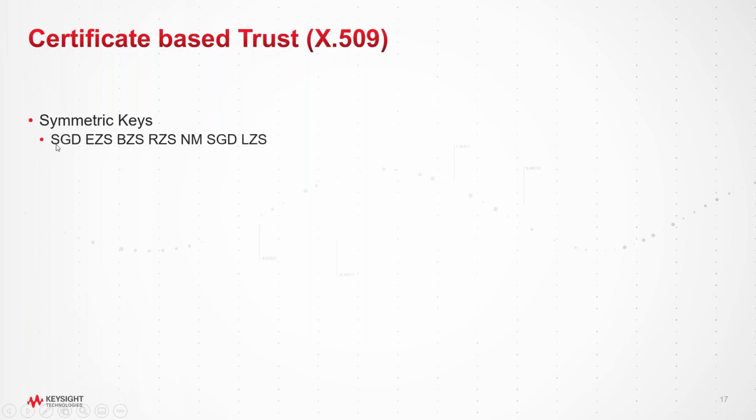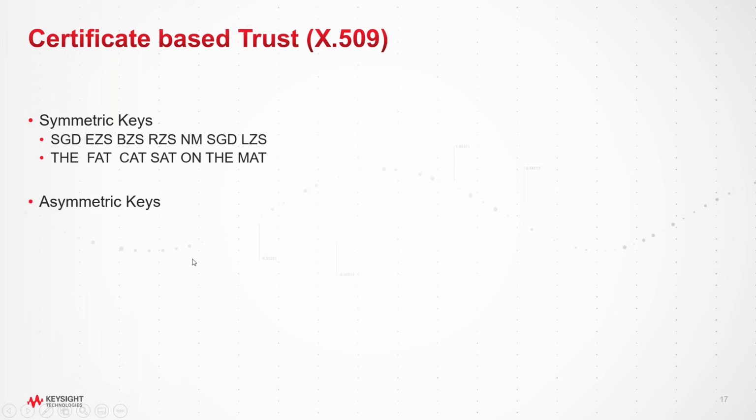If you rotate by one letter, say S to T, G to H, D to E, you'll see that you can very easily verify that's how you decrypt this message. And what I mean by symmetric keys is that the same rotation shift to encrypt is the same rotation shift to decrypt, meaning we rotated one letter, we again rotate one letter to decrypt.